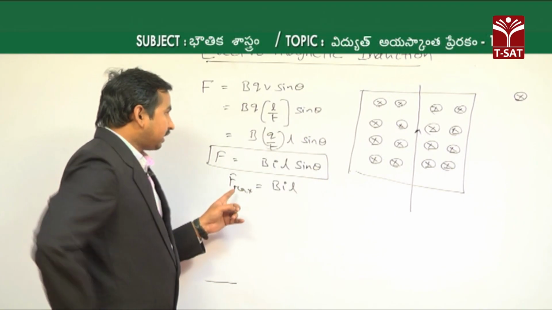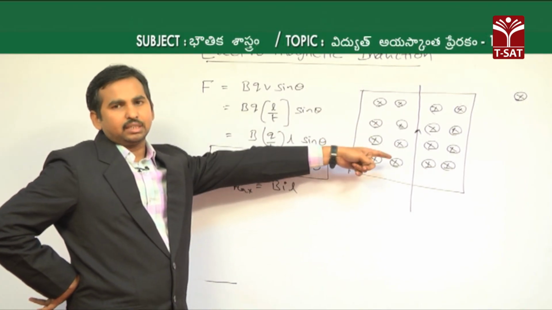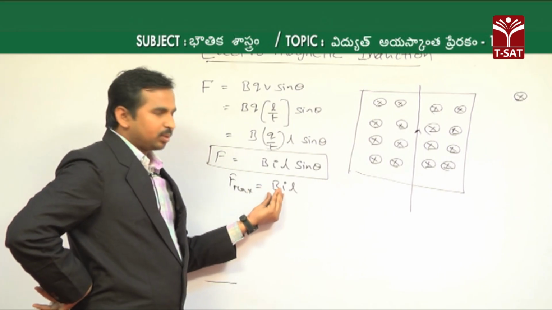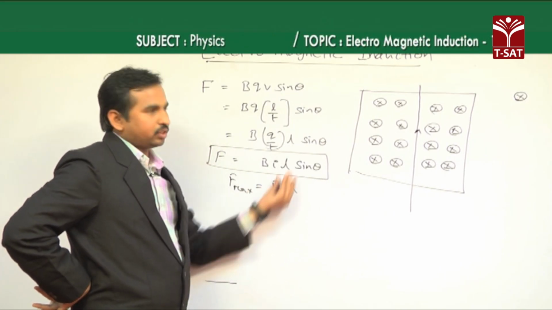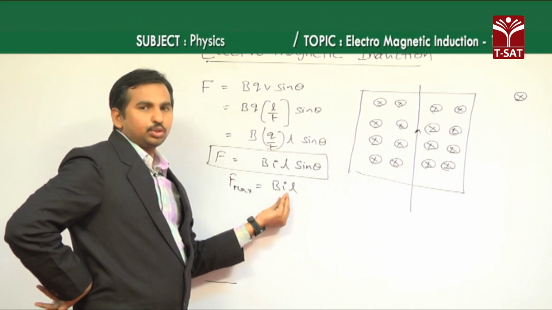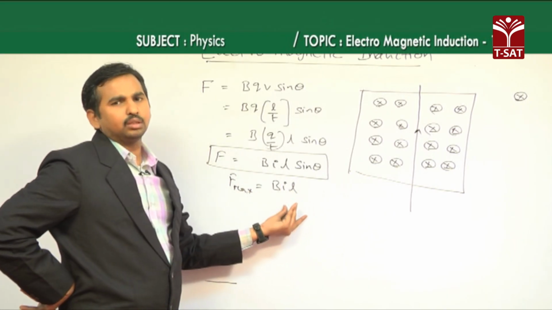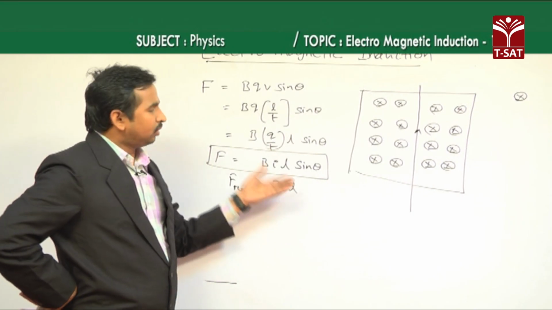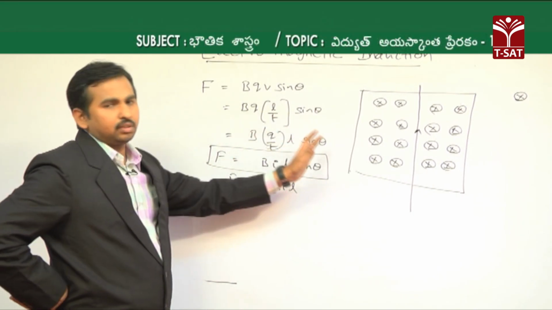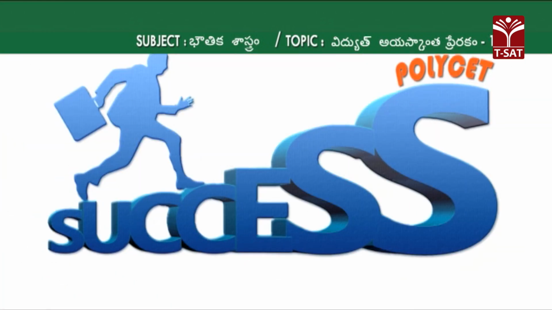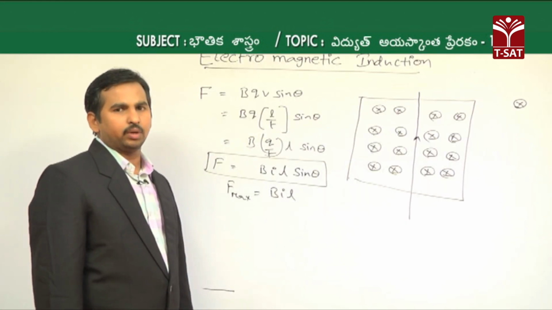So if you are taking a straight conducting wire, the force acting is directly proportional to the magnetic field strength we are applying, the strength of the current passing through the wire, and the length of the wire. So this force depends on these three factors, B, I and L. This is in case of a straight conducting wire.